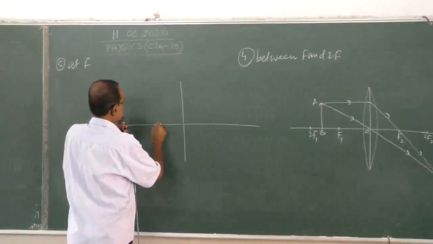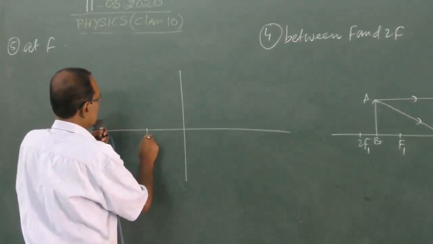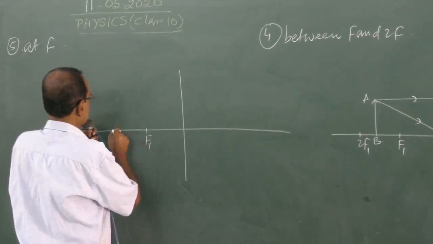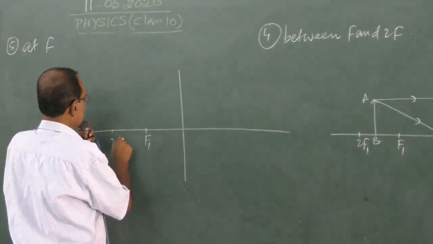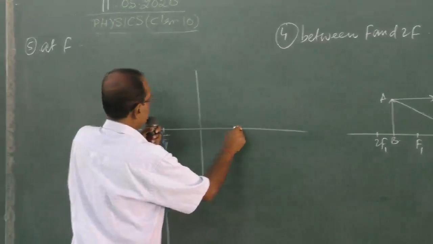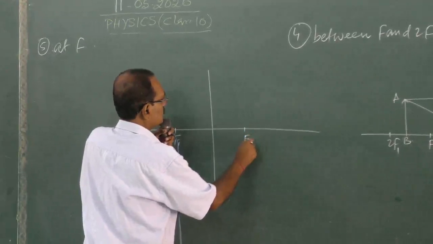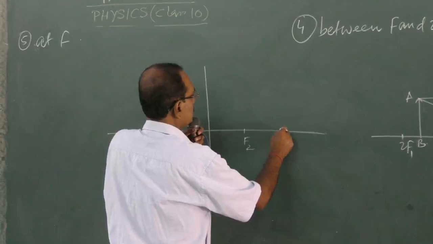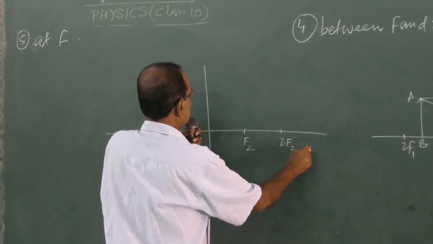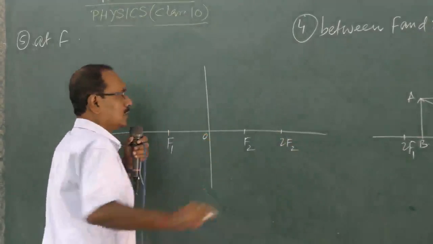Mark again F1 to F1, F2 to F2, and the optic center.